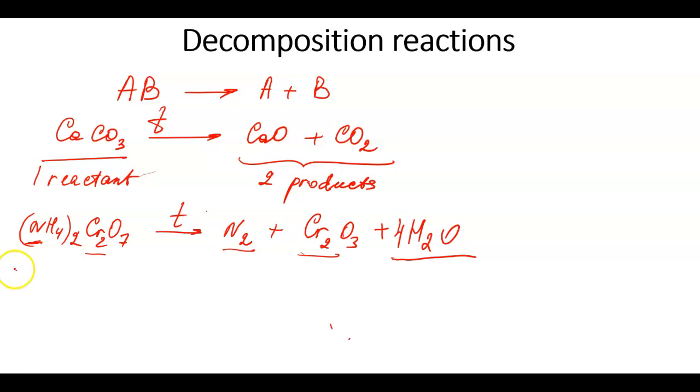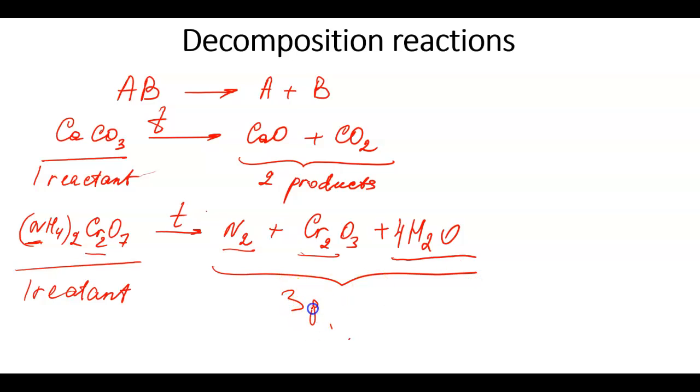One reactant and 3 products. So to summarize, decomposition reactions: one reactant and 3 products.